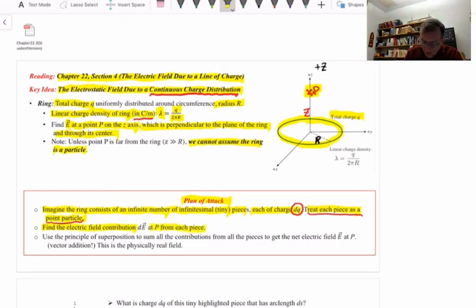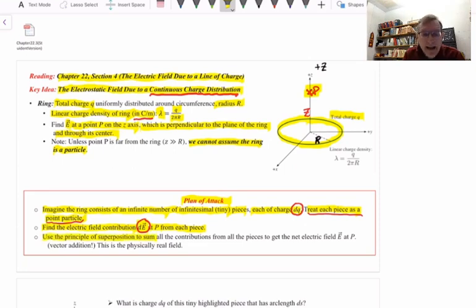Next, we'll find the electric field contribution at point P from each piece. And I'm going to label the contribution from any tiny piece with the notation dE arrow. Again, note that. It means a tiny electric field contribution at point P from one of the tiny pieces of charge, dq. And we'll be drawing more pictures, so you'll see. And there's one more step. We will then use what's called the principle of superposition.